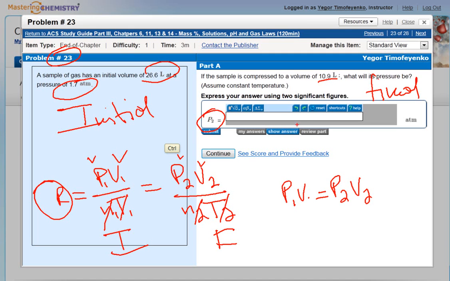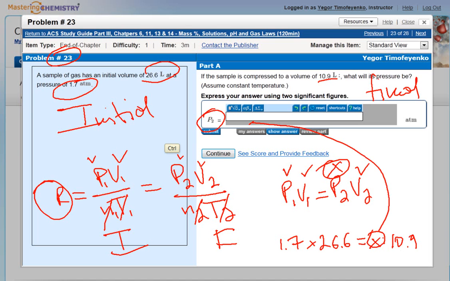We have initial volume, final volume, initial pressure, and the second pressure is going to be my X. So I'll have 1.7 times 26.6 equals X times 10.9, and we'll solve for X, then plug it in.